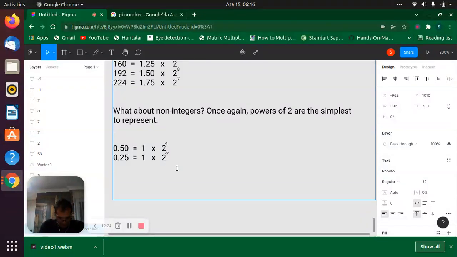Let's come down to another one: floating point. Floating point can also represent fractions between powers of 2.